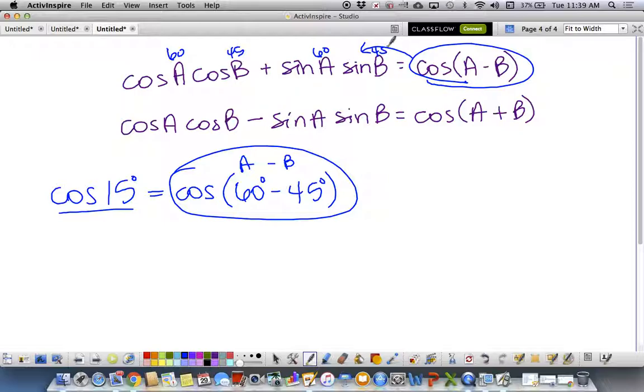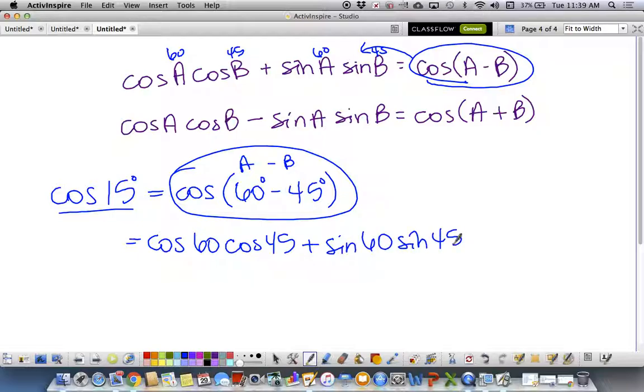Oh boy. So here we go. It's cosine 60. Yes, you can. Cosine 45. There's a subtraction, so I'm going to add sine 60, sine 45. Now, each individual piece, you can have an answer for, yes? So what's cosine 60?